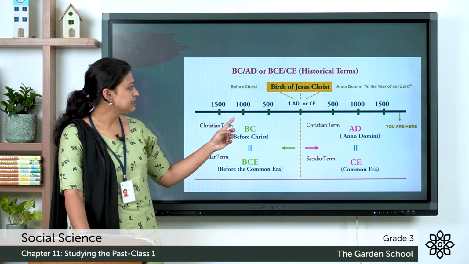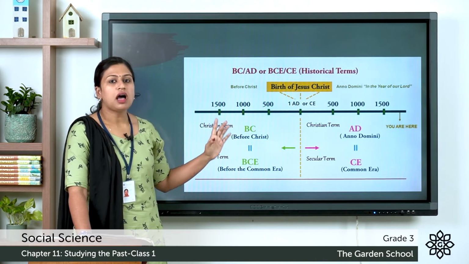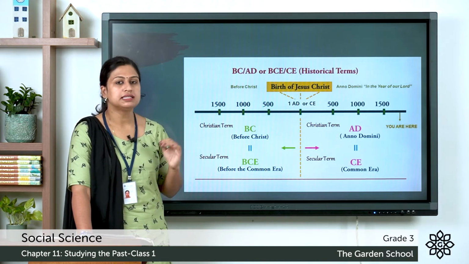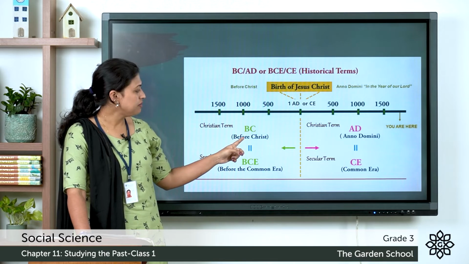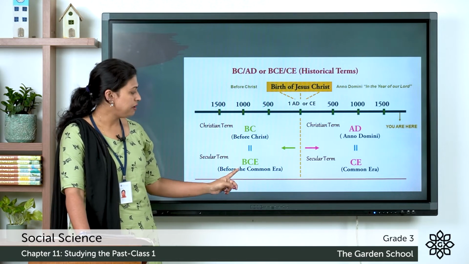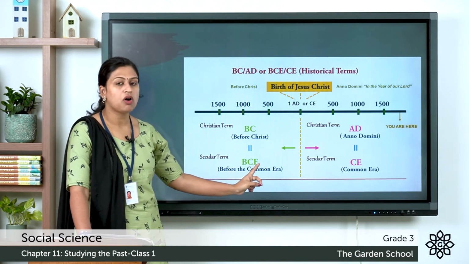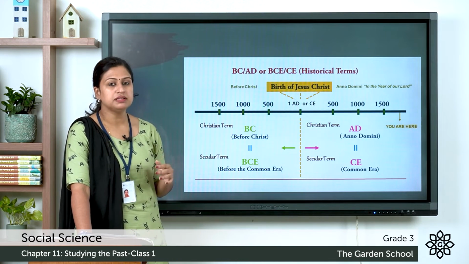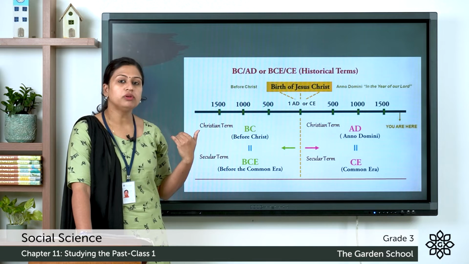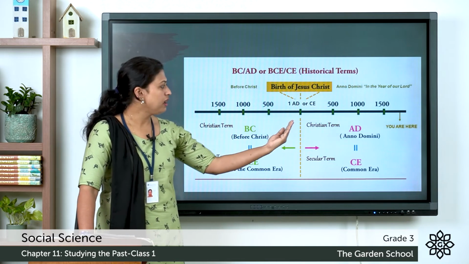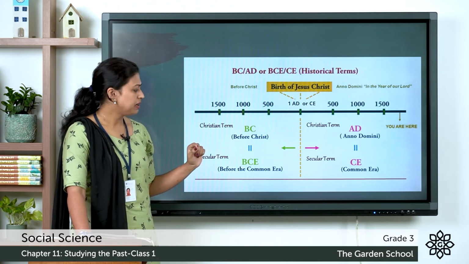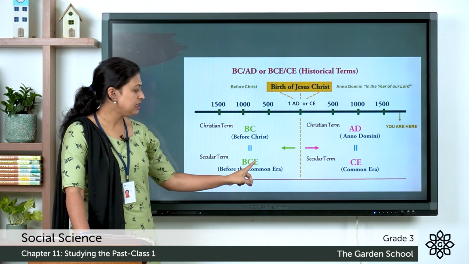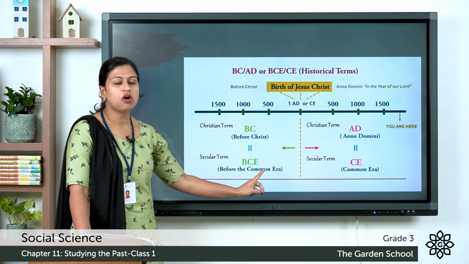Next, for example, this is 1000 BC or we say 1000 BCE. Here BC means before Christ and BCE means before the Common Era. So if we are saying 1000 BC, that means 1000 years before the birth of Christ. So we are moving backward. But nowadays instead of BC we use BCE, that means before the Common Era.